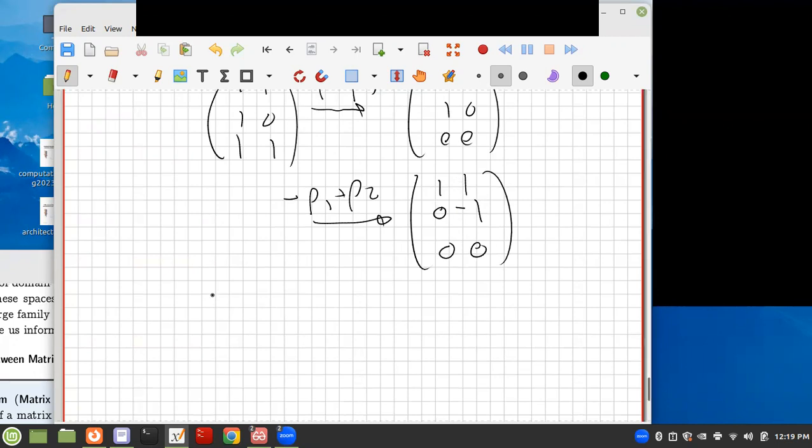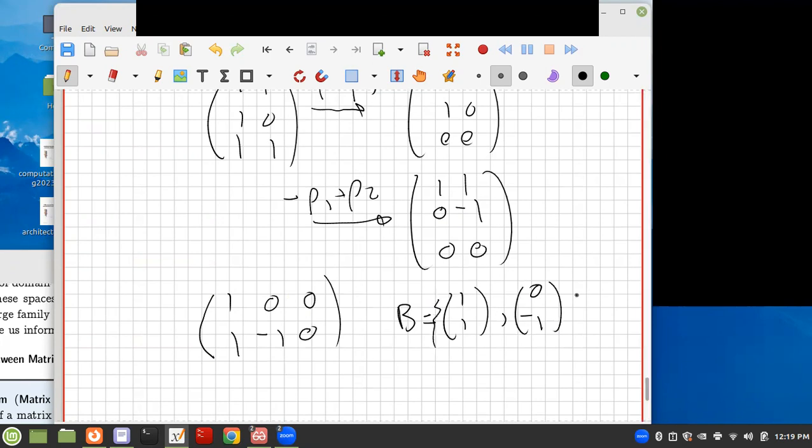But then we take the transpose back. First row is first column, second row is second column, and we take the non-zero rows. So therefore we have that the basis equals (1, 1), (0, minus 1). So that's another basis.